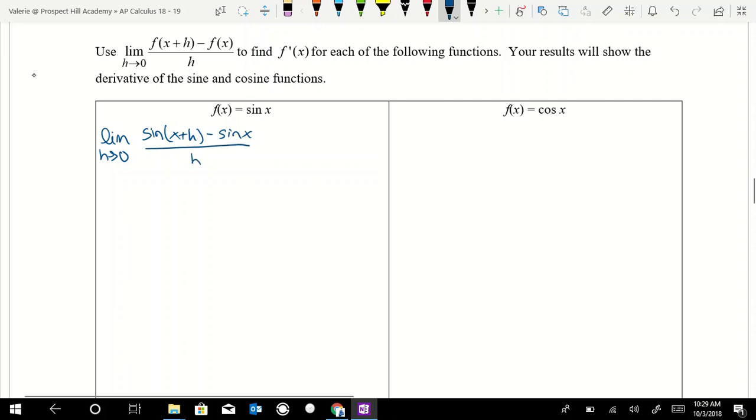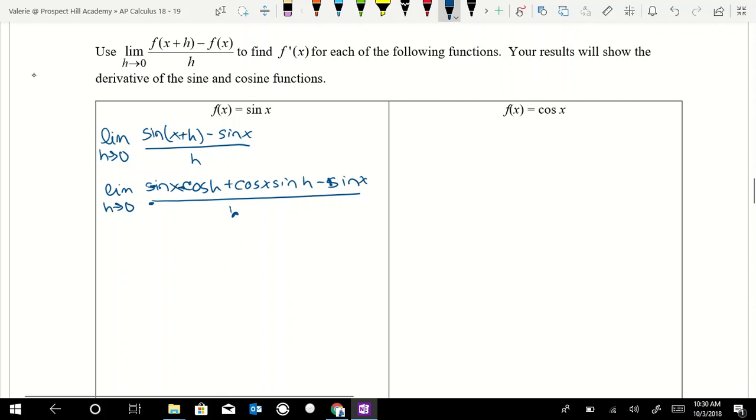Now sine of x plus h we can rewrite using our sum identity, and that is going to be sine x cosine h plus cosine x sine h minus sine x all over h.